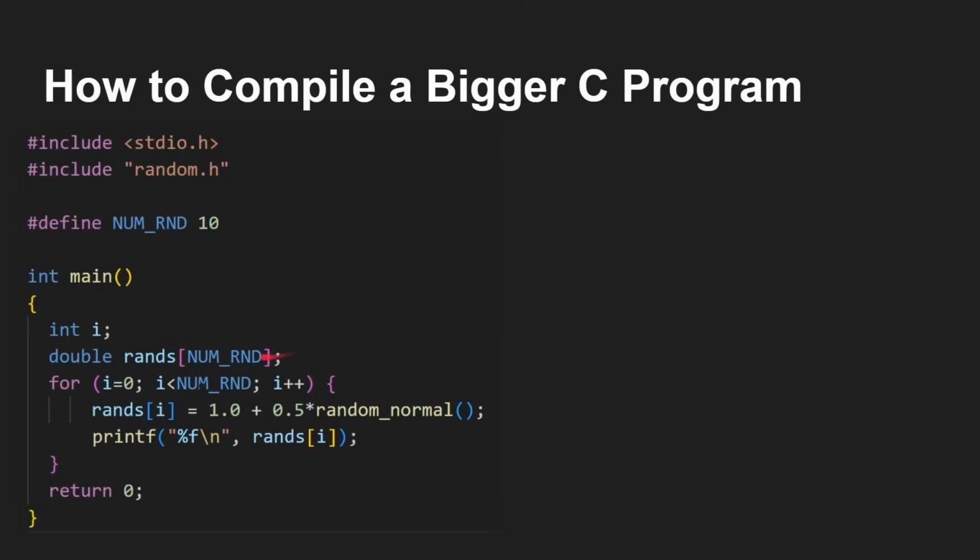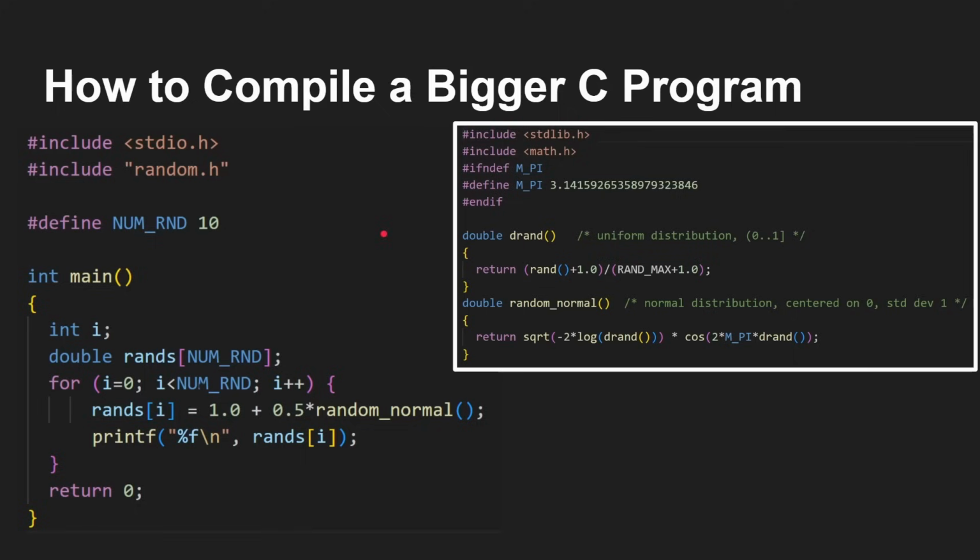Now let's say you've got a bigger C program. Here is a C program that's going to print out 10 random numbers, but it's going to call this function called random normal. And if you notice, that's not here in this C code, but it does include something here called random.h, where random normal is actually defined. And the C code for that is in another program here, random.c, and here we see random normal distribution centered around 0.